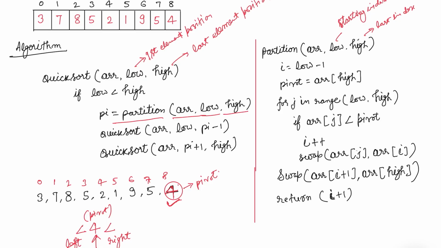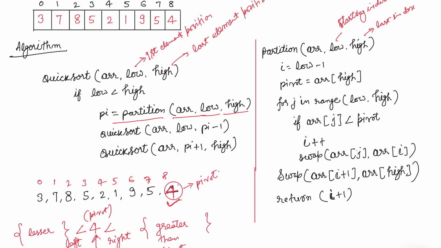Whatever array is on the left side of the pivot will all be lesser, and whatever elements are in the right direction of the pivot will all be greater than the pivot. So here 4: whatever elements are lesser than 4 will be in the left direction, and whatever elements are greater than 4 will be in the right direction.